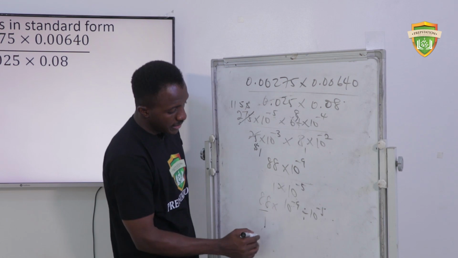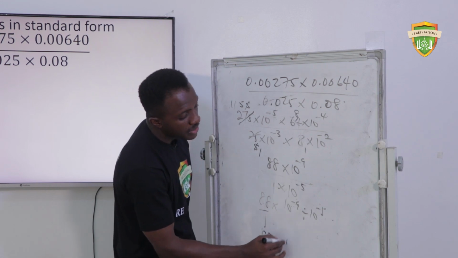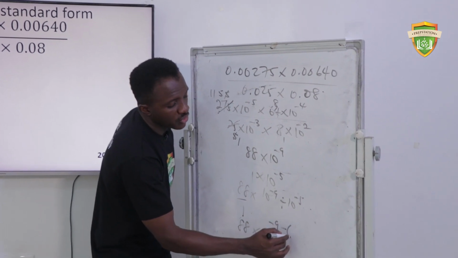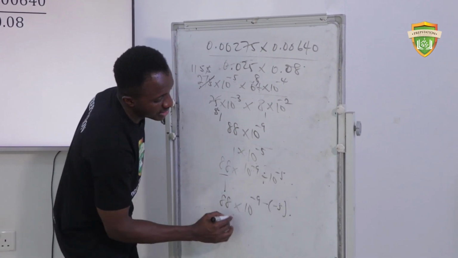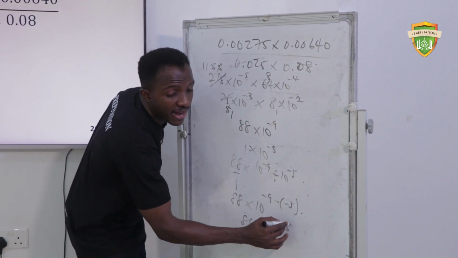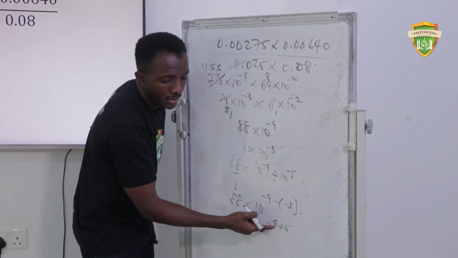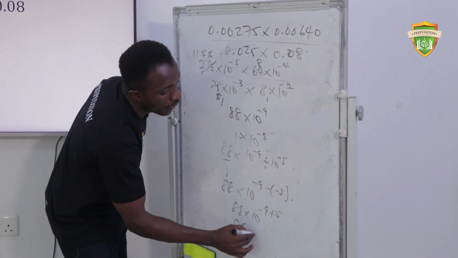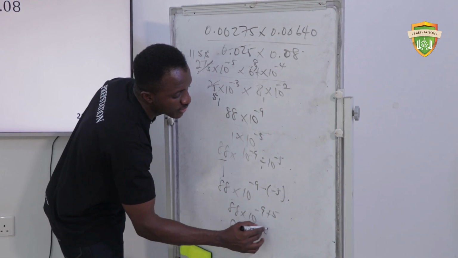Second law of indices. So this is 88 times 10 raised to the power minus 9, and the division sign makes this minus 5. So this is 88 times 10 raised to the power minus 9 plus 5. You owe 9, you pay 5, and you still owe 4. 88 times 10 raised to the power minus 4.